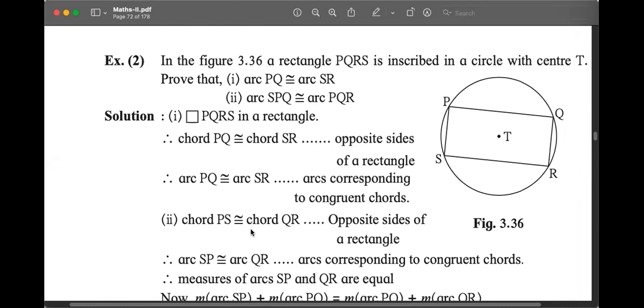Now we will be able to answer this question if we understand what a rectangle is. अभी हम equilateral triangle समझ रहे थे. Now rectangle. So rectangle is a quadrilateral. Rectangle is a special parallelogram in which all the angles are congruent.